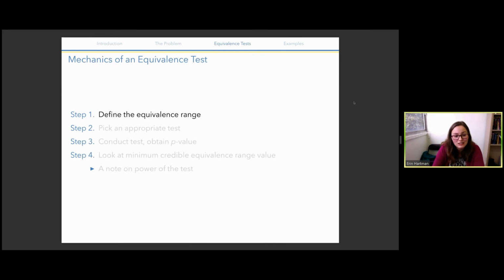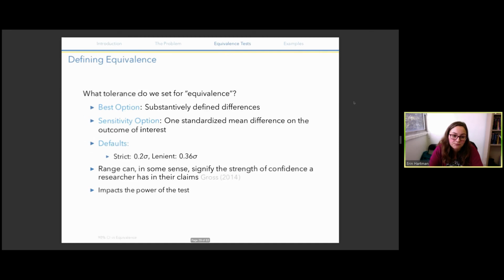So let's start with, how do we define this equivalence range? I told you that you conduct this two one-sided test where you say either it's below some lower level or above some upper level. When we pick these ranges, certainly the best option that we argue, and a real value of these tests, is that you can define these ranges based on substantive knowledge. If you know that a variable is highly prognostic, like a pre-treatment outcome, you might want to set a very, very small range on that, because you think imbalance in that could cause a lot of bias.